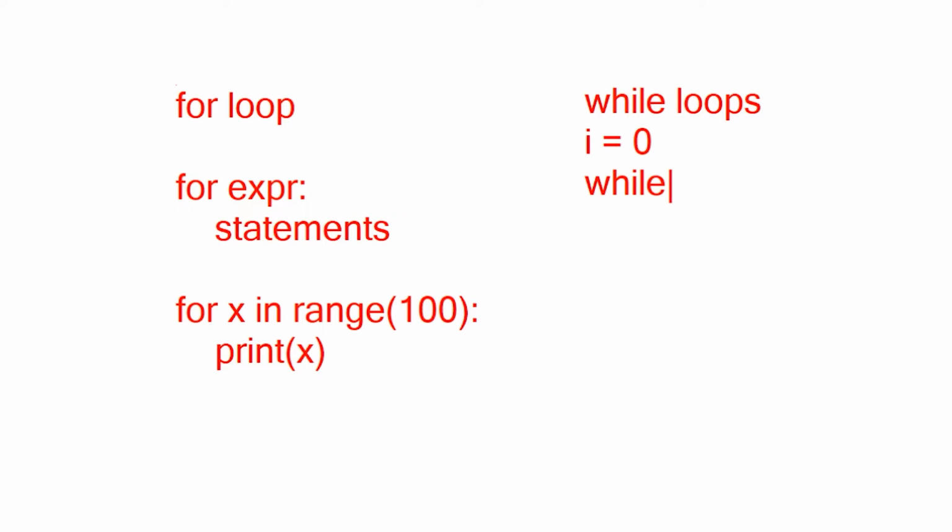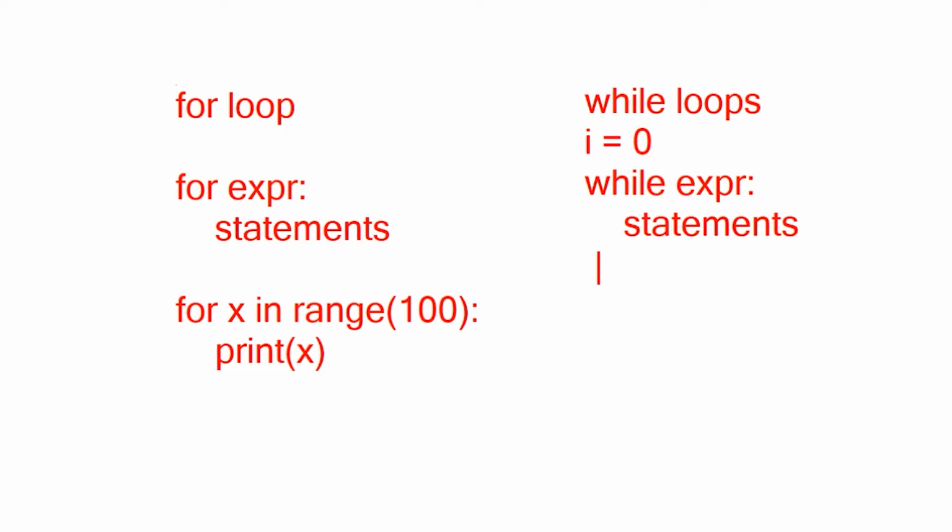So while, followed by an expression, and then within the code block, you have the statements like this. So, syntax: while is a reserved keyword in Python, followed by an expression, terminated by a colon, and then indent 4 spaces, and then include the statements.